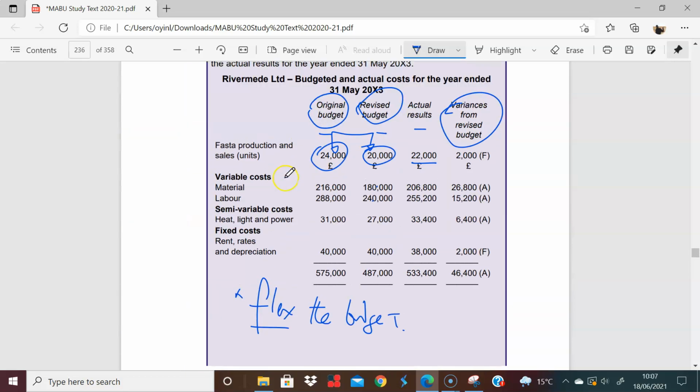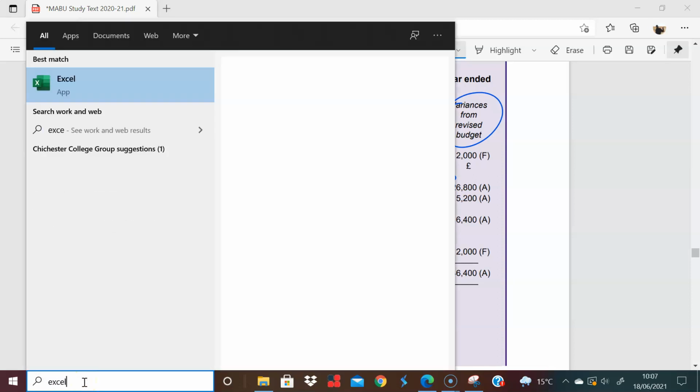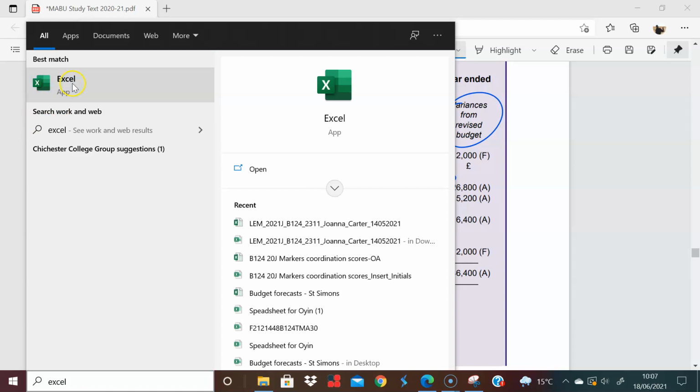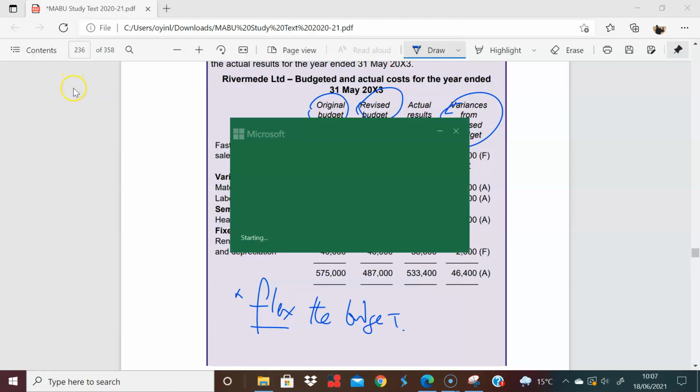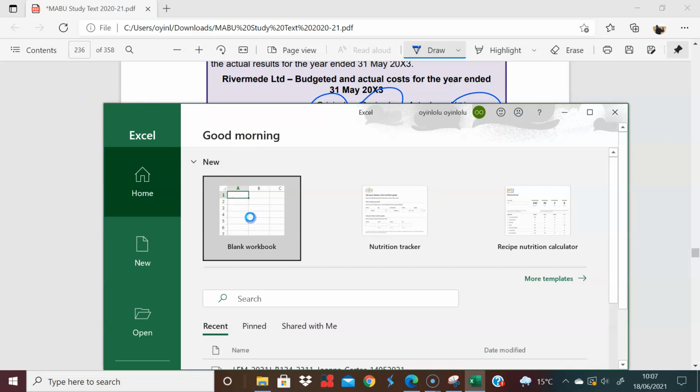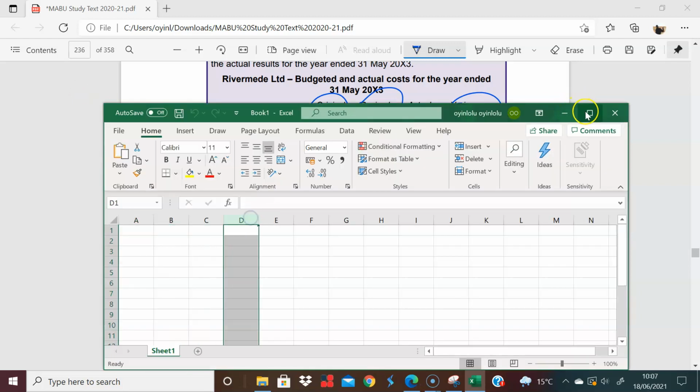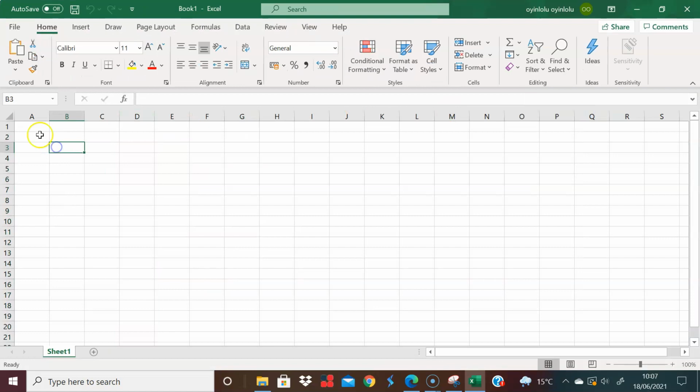So here in this figure, I need to take out 7,520, and I need to add that to materials, 7,520. So what I'm going to do very quickly is create an Excel spreadsheet and plug these figures in, so we can walk through that slowly and see where we're going here.